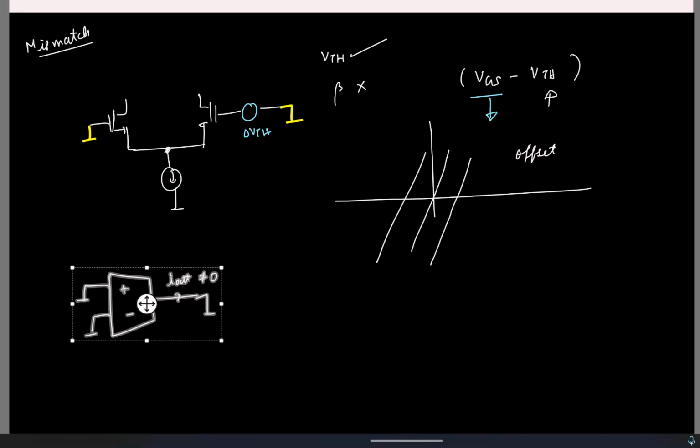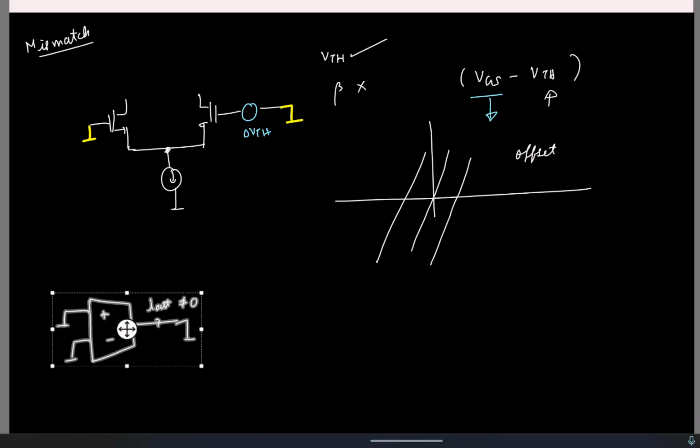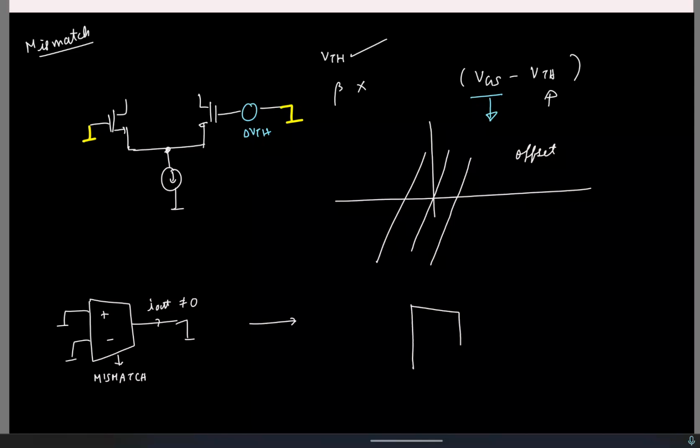Just like in the case of noise, we'll model this offset as follows. This is where we have mismatch. We'll assume that the OTA itself does not suffer from mismatch, that is, all the transistors here are matched.